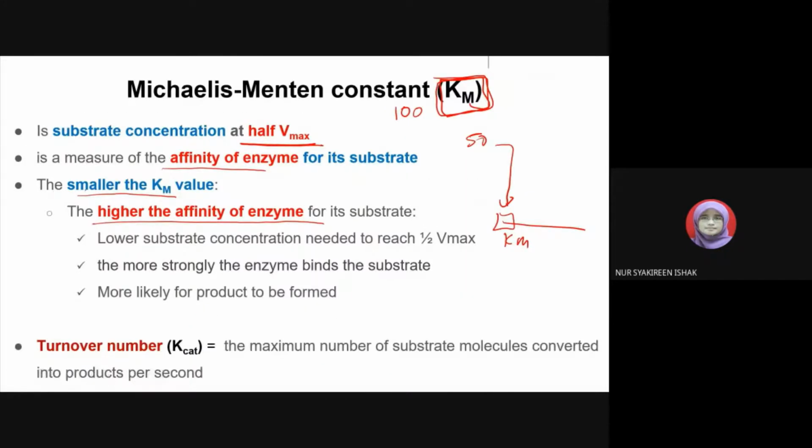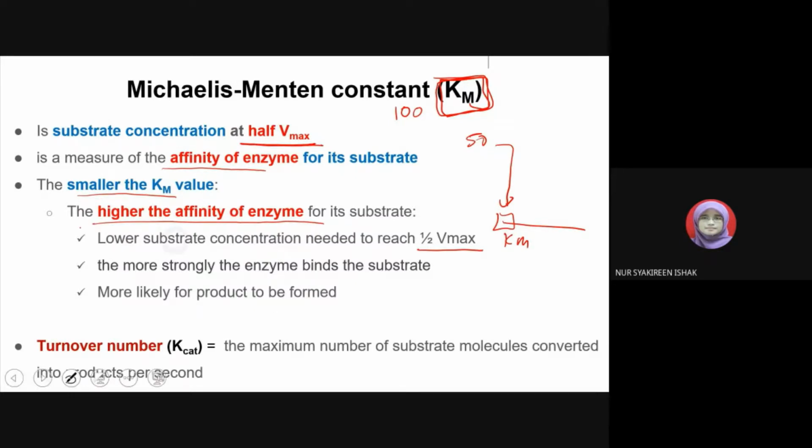So the smaller the Km value, the higher the affinity of the enzyme for its substrate. A lower substrate concentration is needed to reach half of the maximum velocity of that reaction. The more strongly the enzyme binds to the substrate, the more likely the product is to be formed.